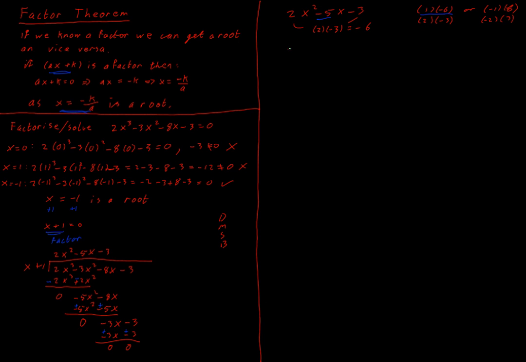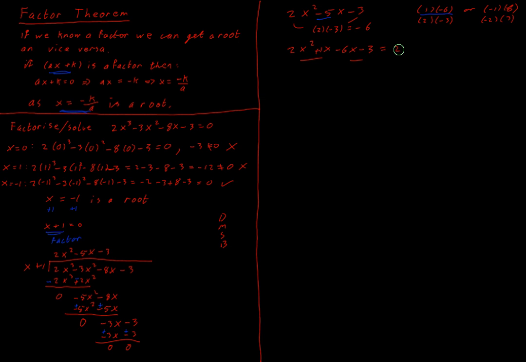So I get 2x squared plus 1x. We can put the 1 in there if we like. Minus 6x minus 3 is equal to, I'm going to factorize the first two and then factorize the second two. So we have 4 terms. Try and take a common factor from the first two, common factor from the second two.